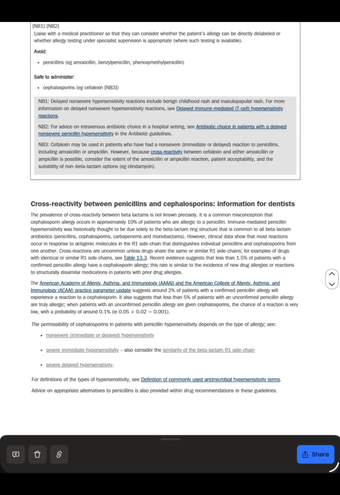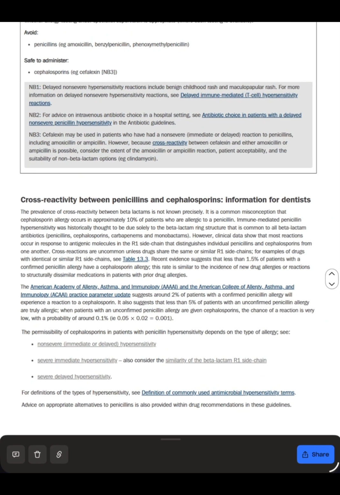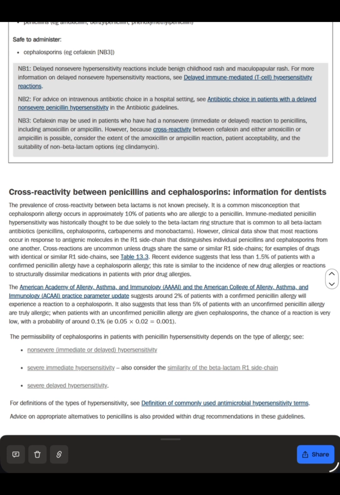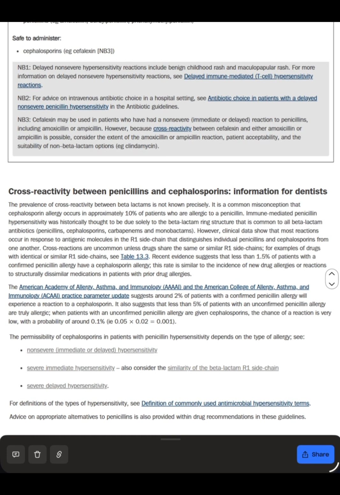Now, let's read about cross-reactivity between penicillin and cephalosporin. What is the information for dentists, for us? The prevalence of cross-reactivity between beta-lactams is not known precisely. It is a common misconception that cephalosporin allergy occurs in approximately 10% of patients who are allergic to penicillin.